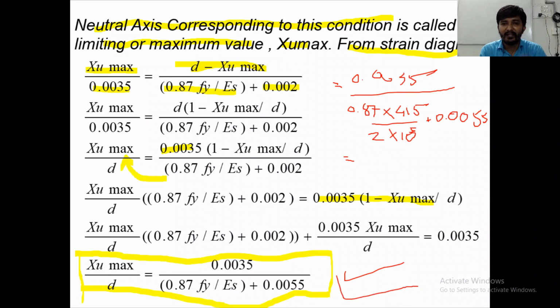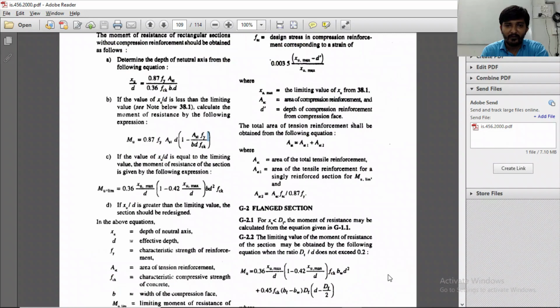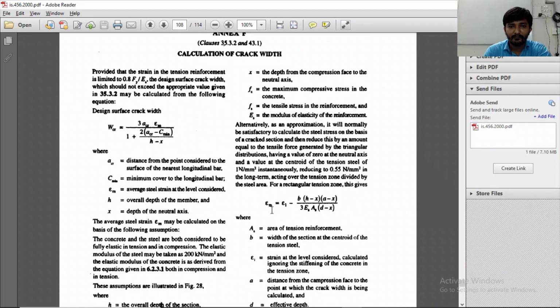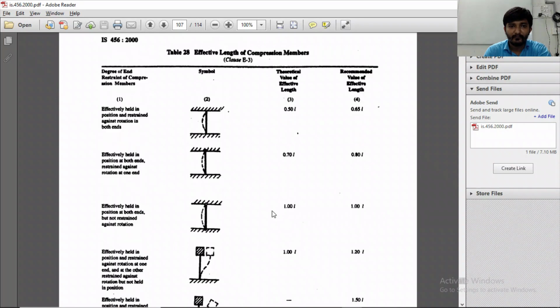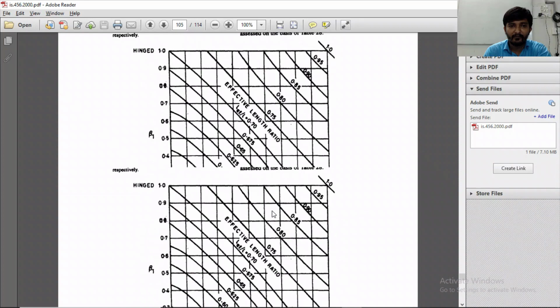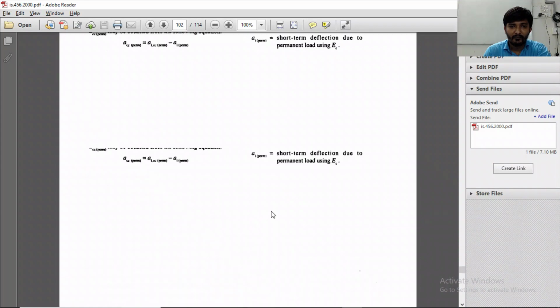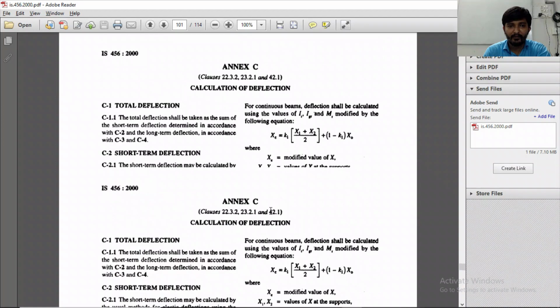Now these values are given in IS 456 2000 also. So let me just go to the IS code and find out those values. These values are here in IS 456 2000 for your reference.